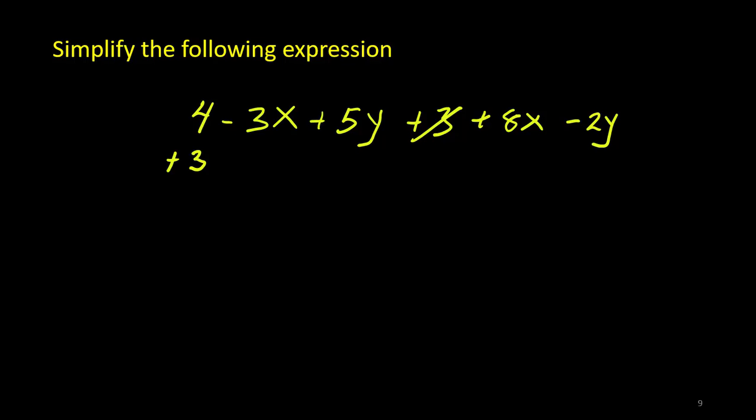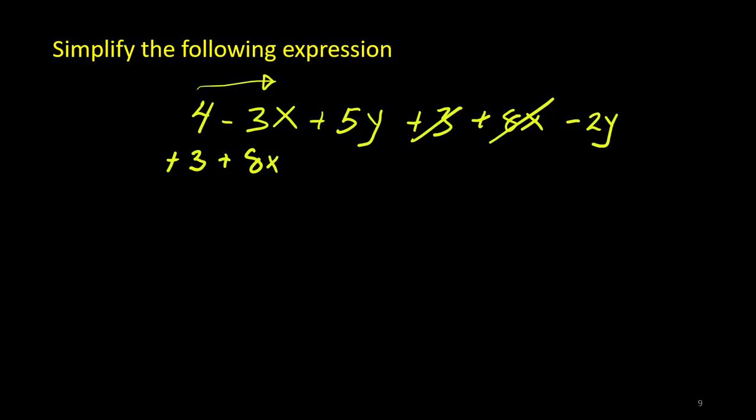Now we get to the x term, still moving from the left to the right. So this is an x term. I'm going to scan across the expression till I find another x term. Right there it is, 8x. That's an add 8x. Go ahead and mark him out.